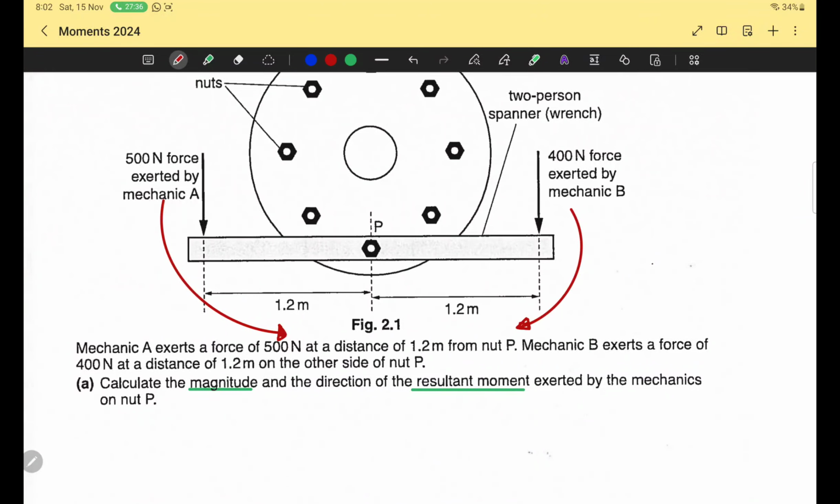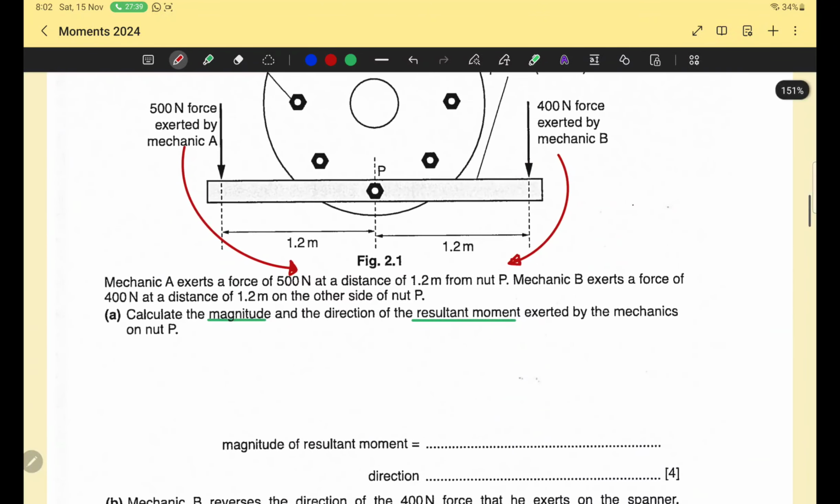One of them is clockwise, the other is anti-clockwise. They are in opposite directions, and they are not equal because the forces are different, although their distances are equal. So the moments are not equal, and the anti-clockwise moment is larger than the clockwise moment. The anti-clockwise moment is produced by the 500 Newton force, 1.2 meter away from the pivot.